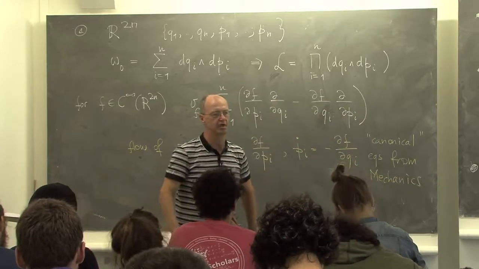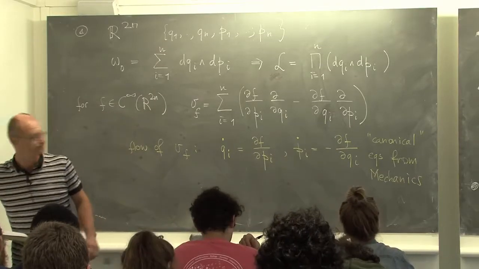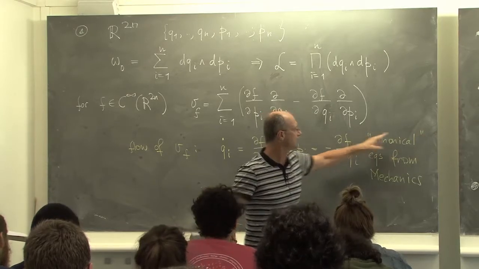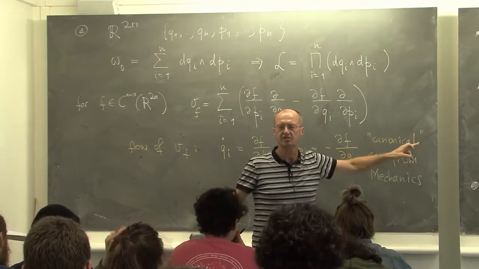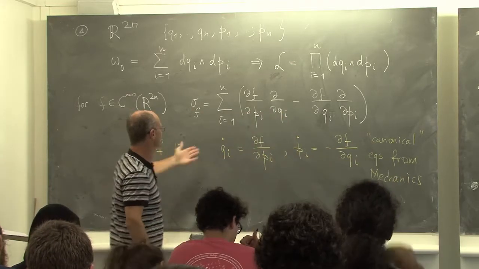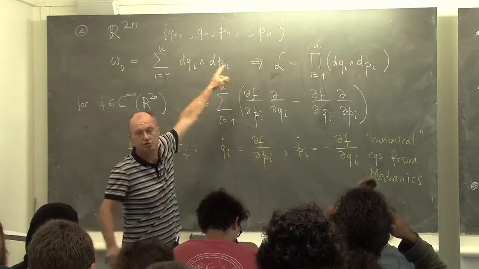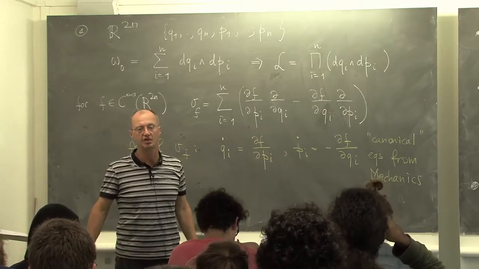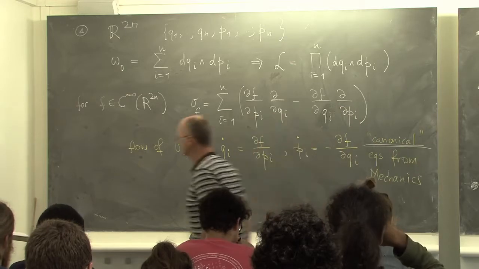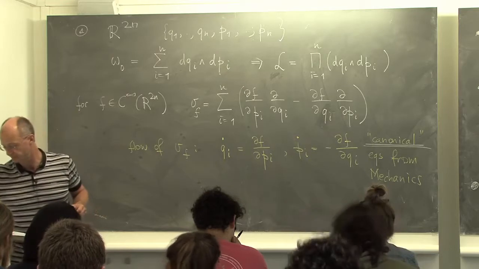So this should match with what we are supposed to see in mechanics. I take canonical in parentheses because, of course, these equations in some way depend on various choices. Here I've actually chosen the coordinate system q1, ..., qn, p1, ..., pn. But still, historically, the word canonical is used in relation to these equations.